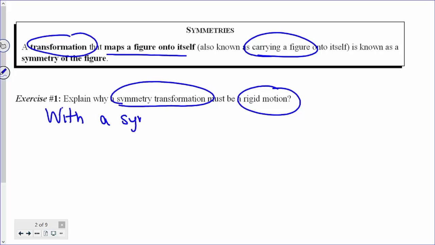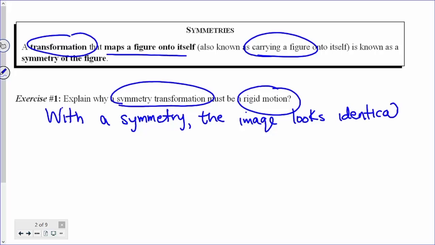With a symmetry, the image looks identical to the original object.